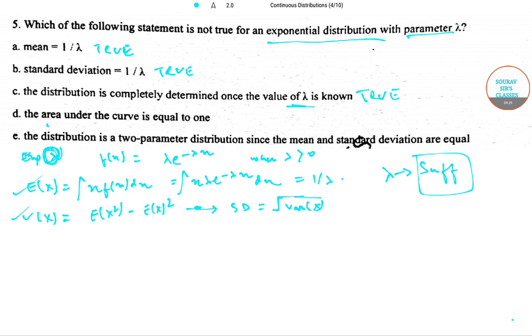Option D, the area under the curve is equal to 1. So let's say I plot an exponential distribution, something like this.